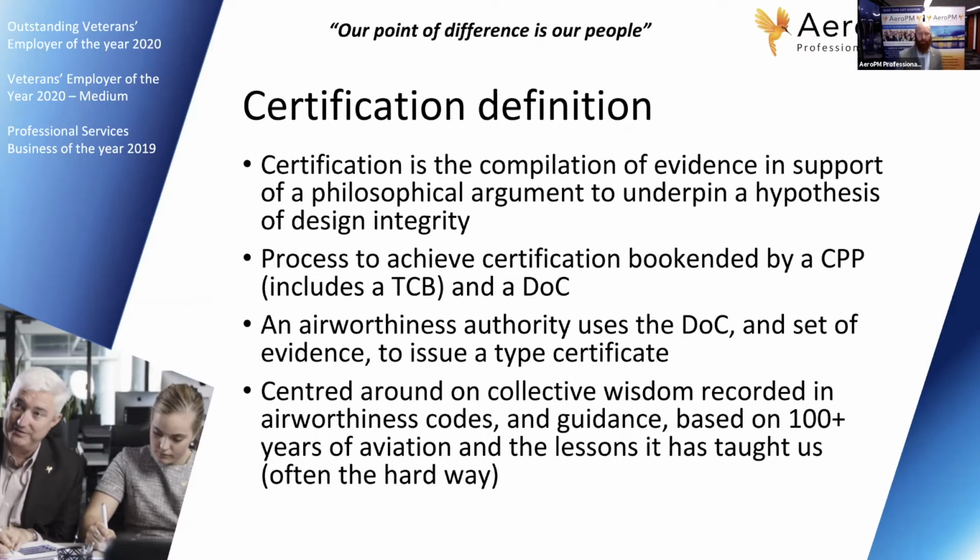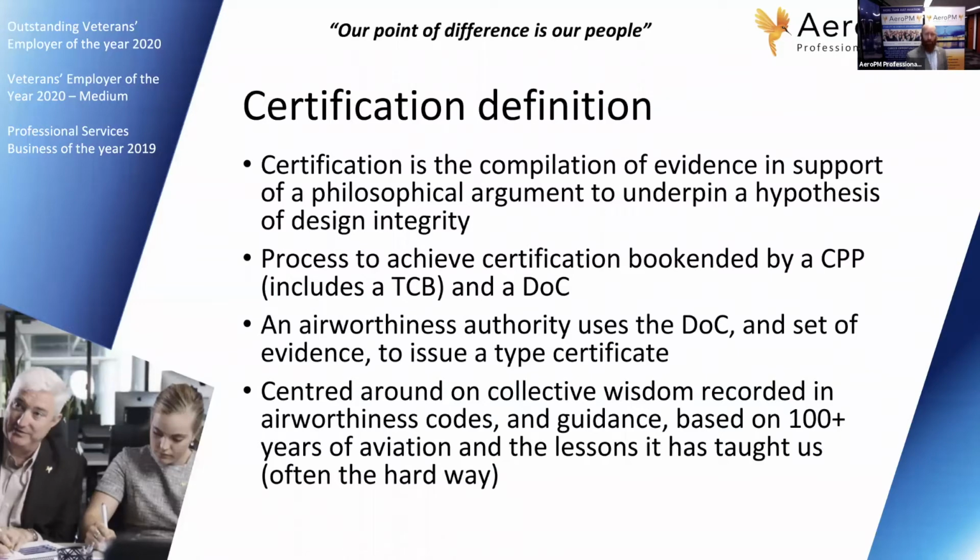As you've read on the slide, that is what certification is. There are a few acronyms there. Under the DASR, this certification process has a pretty clear start and a very clear finish.